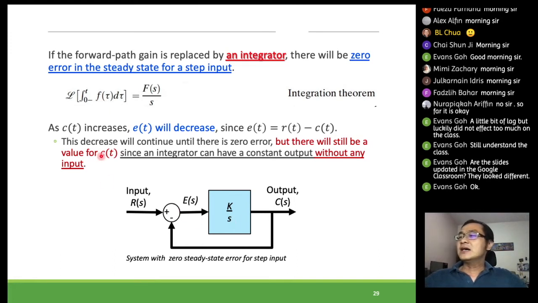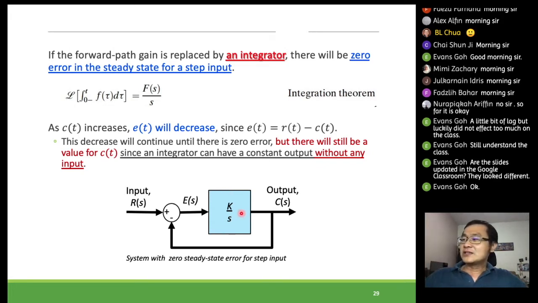So therefore this decrease will continue until a zero error, and that is where this integrator will give us a so-called zero value, I would say, because of the changes of the transfer functions.